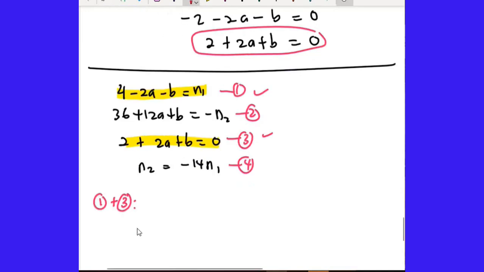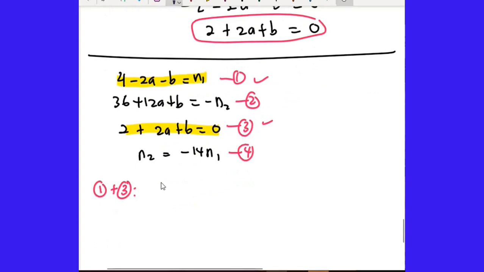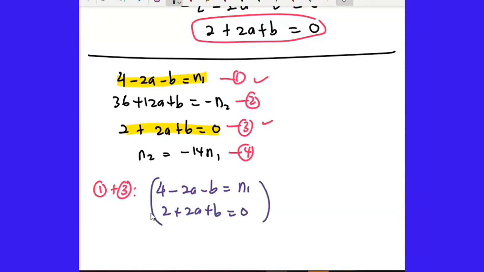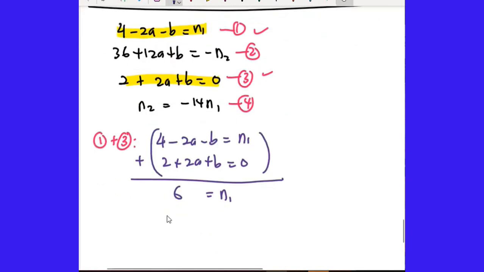So, 4 minus 2A minus B is equal to N1. 2 plus 2A plus B is equal to 0. Plus, plus. So, 6. A and B cancel. And 1. Okay, check first, so that we don't go anywhere wrong. So, correct. Therefore, N1 equals 6. Settle.